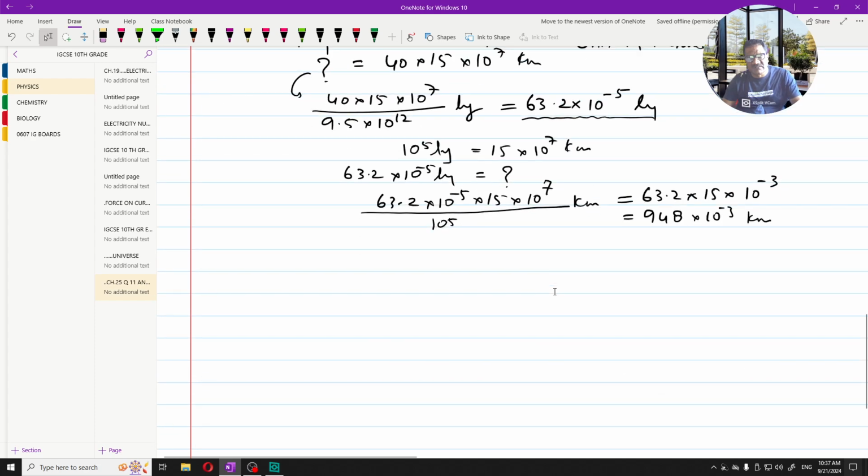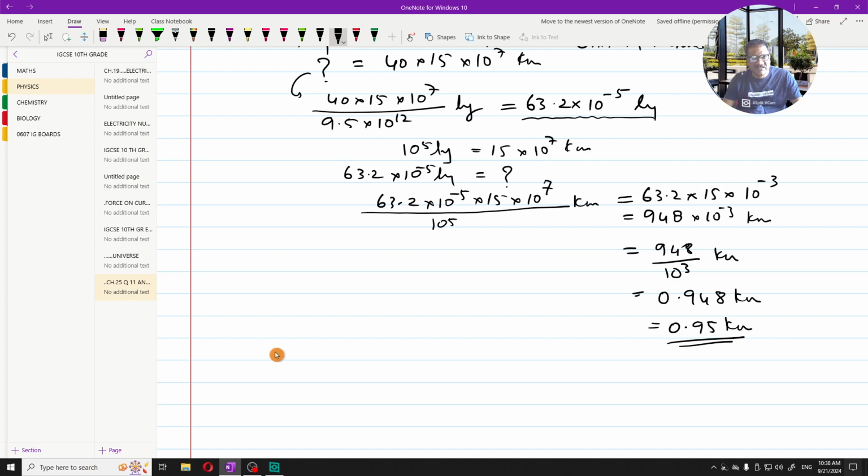So the answer will be how much? It will be 948 into 10 raised to minus 3, which can be written as 948 upon 10 raised to 3. This will work out to 0.948 kilometer. Now, if you round it to 2 SF, you will get 0.95 kilometer. So this is the answer, 0.95 kilometer.